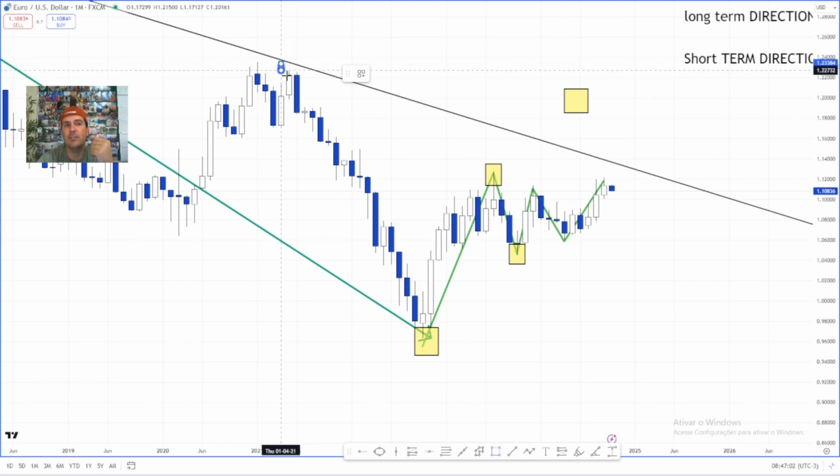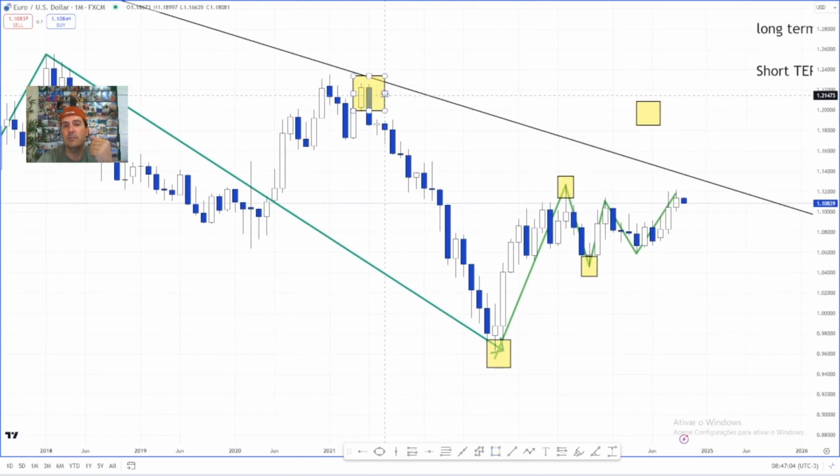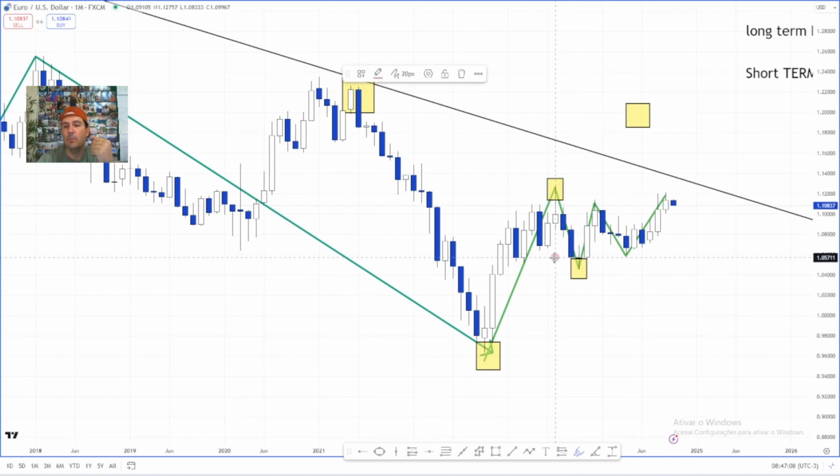So if I take this high here, then we have a problem, because the market made a higher low. So I don't have a confirmation on a downtrend either. Does this make sense? No directional pattern. What are directional patterns? Patterns that are confirming or showing direction. I have no uptrend, I have no downtrend.